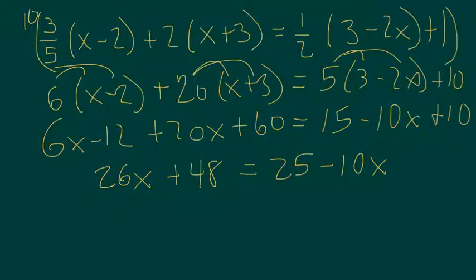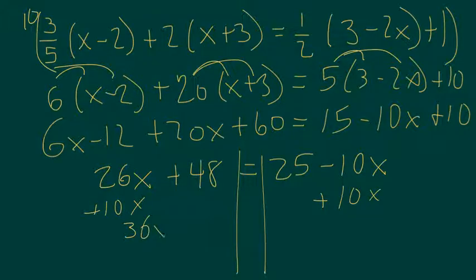Now we need to move the variables to one side. I like to move the smaller towards the larger, so I'm going to add 10x to both sides, which is going to give me 36x plus 48 is equal to 25.